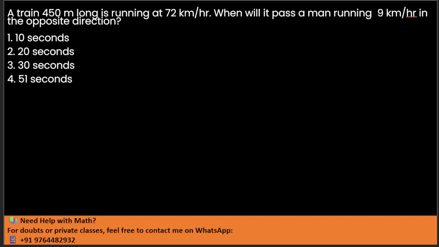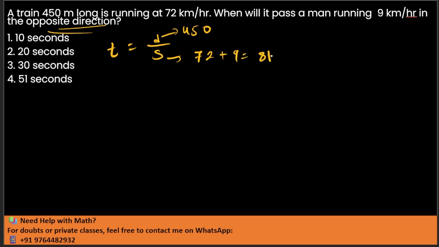Now it is moving in the opposite direction, that means we have to add the speeds. So time is equal to distance upon speed. Distance we have 450, and speed we have to add, 72 plus 9, that is equal to 81 kilometer per hour.